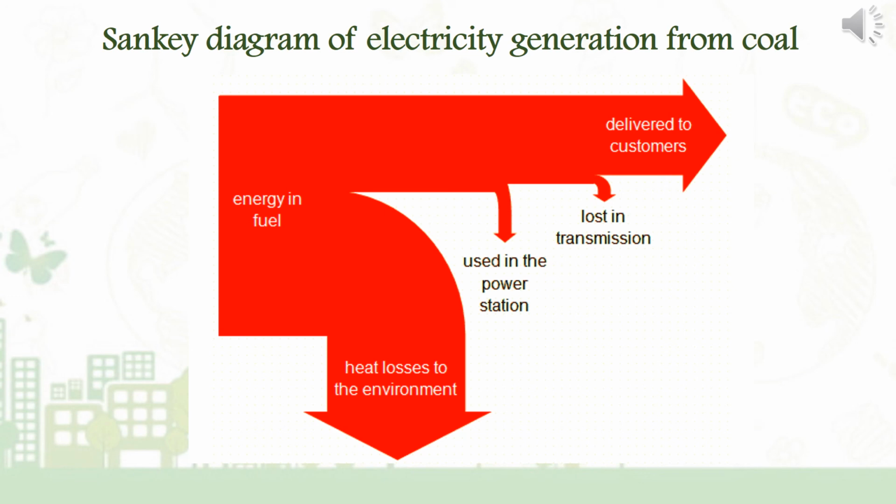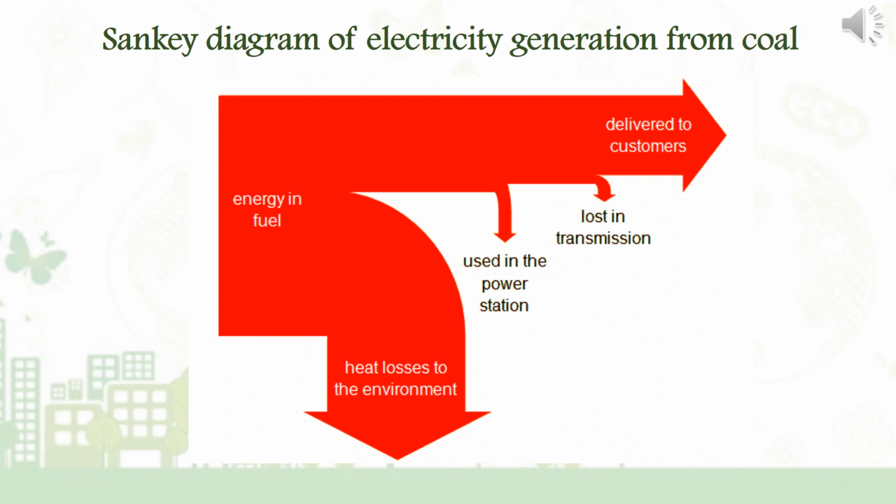So the useful energy, if we take it from the total energy, is less than 50%. You can see from the width of the arrow that it is less than 50%. As you can see from the Sankey diagram, only about 33% of energy is delivered to the consumer as electrical energy.